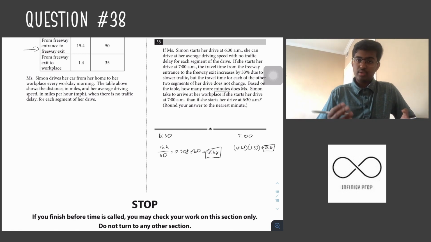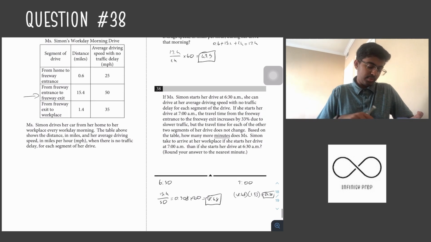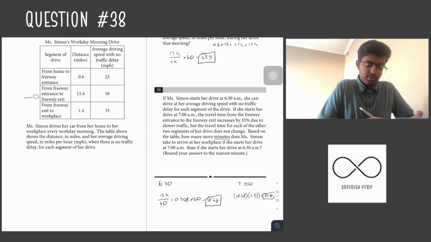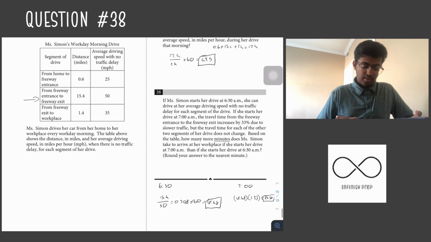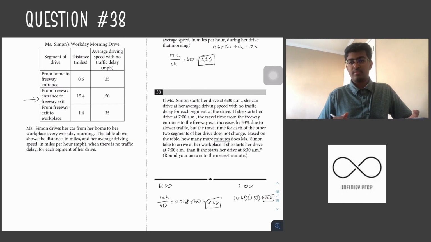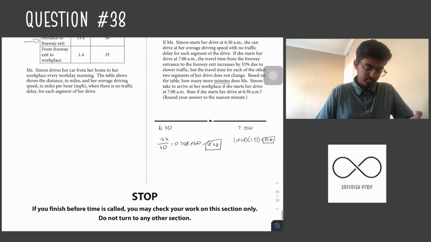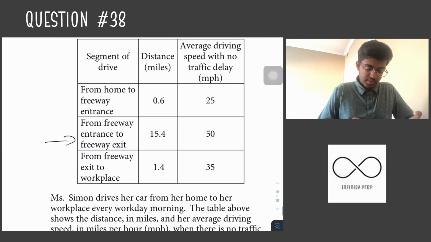These are the only two times that are different between the 6:30 a.m. and 7 a.m. So we can just calculate the first segment and third segment of her journey, and that will be the same for both the 6:30 a.m. and 7 a.m. start time. So let's go over here.